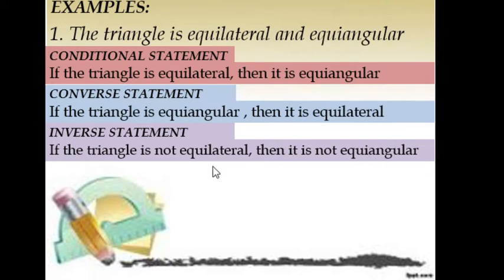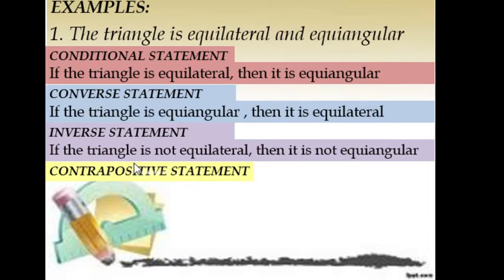So, dito, ang ginamit nating word is not. Okay? So, ang basis natin sa ating inverse statement is the conditional statement. So, itong conditional statement, ito lang yung nilagyan natin ng word na not.